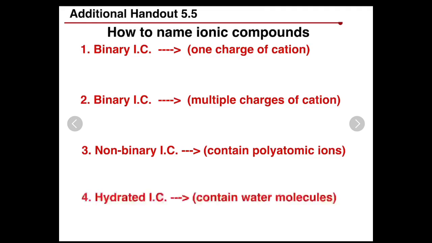Okay. So the last one is you are going to look at those ionic compounds that have water molecules attached to them, or what we call hydrated ionic compounds. Okay, so hydrated ionic compound means that the compound has already absorbed water molecules, right? The opposite of hydrated ionic compound would be anhydrous. Okay, anhydrous means completely dry without any molecule of water in the ionic compound at all.